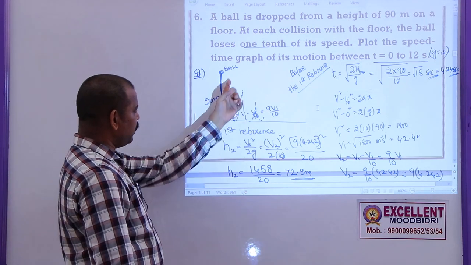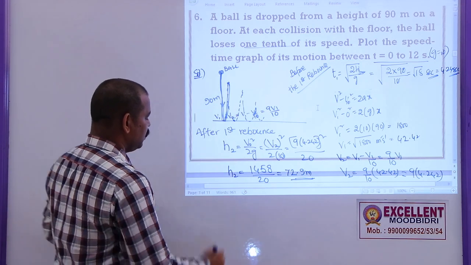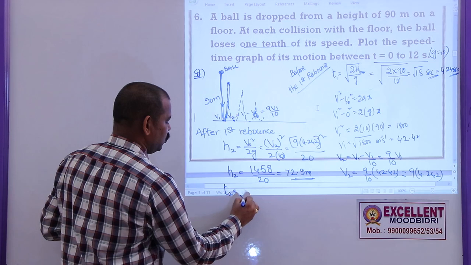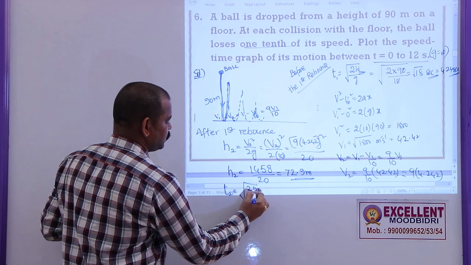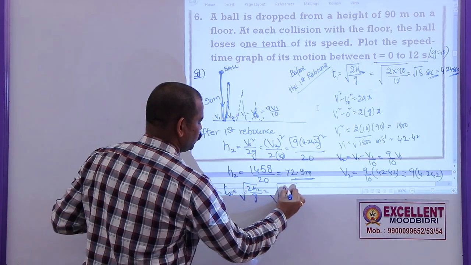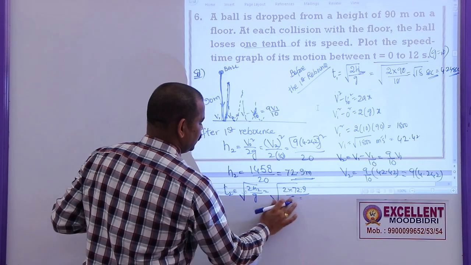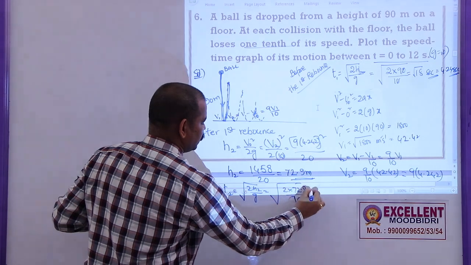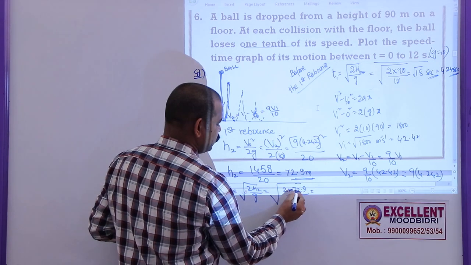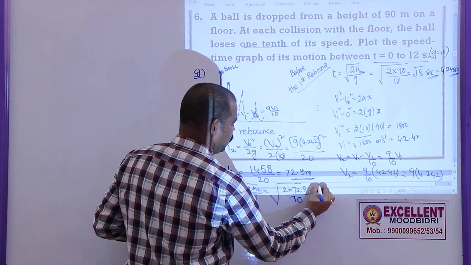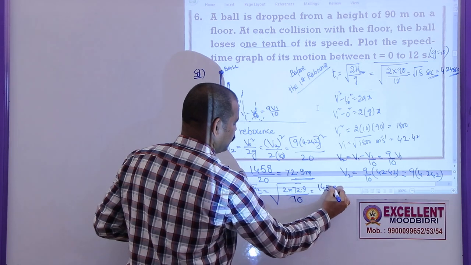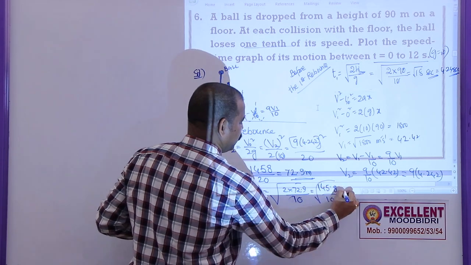Now, what is the time taken by this body to reach from here to here? I will take it as T2, which is also given by root of 2h2 by g. This is 2 into 72.9 by g, which is 10. So, 72.9 into 2 is 145.8, by 10, under root.